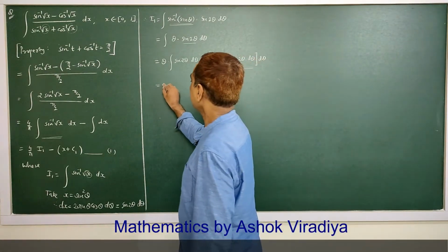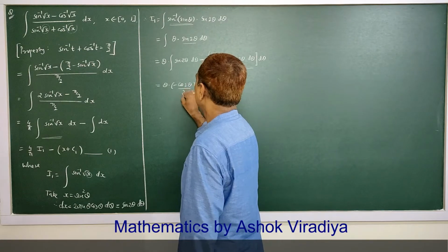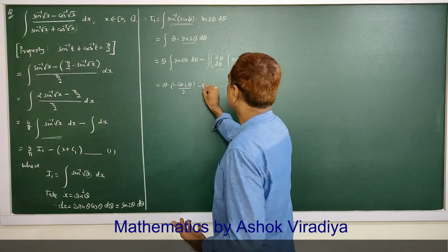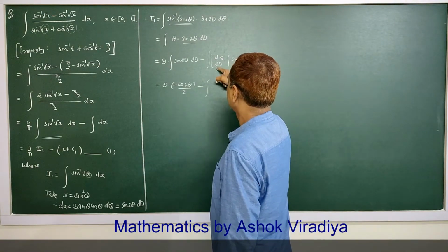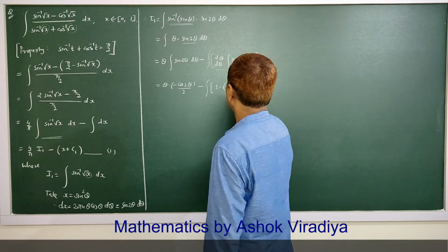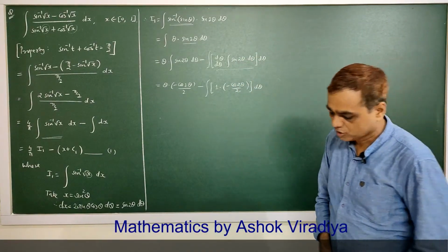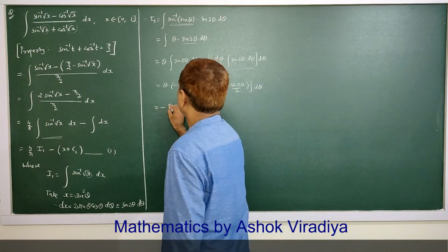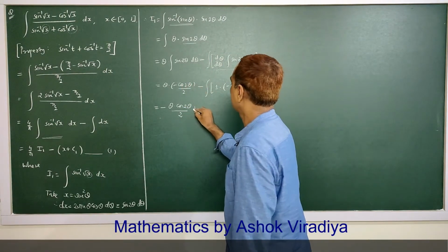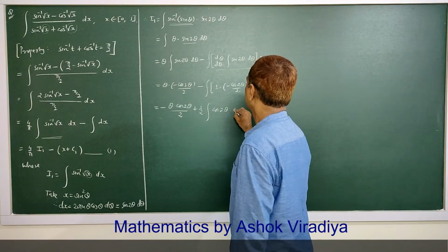So this is theta into its integral, minus cos 2 theta by 2, since the integral of sine is minus cos, minus integral of 1 into minus cos 2 theta by 2 d theta. So it is equal to minus theta into cos 2 theta by 2 plus 1 by 2 integral of cos 2 theta d theta.